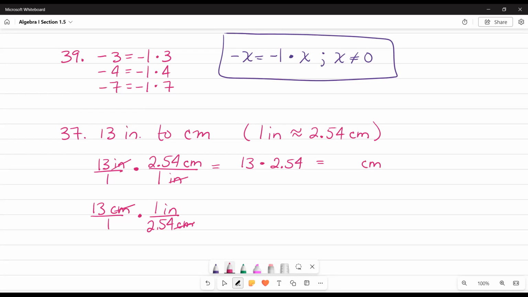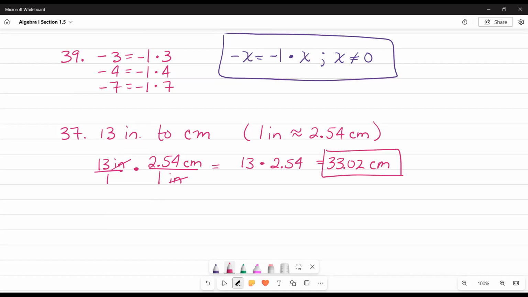But in this case, we're going from larger to smaller, so we're going to multiply. And your answer, you already have it, 33.02. So 33.02 centimeters is our answer there.